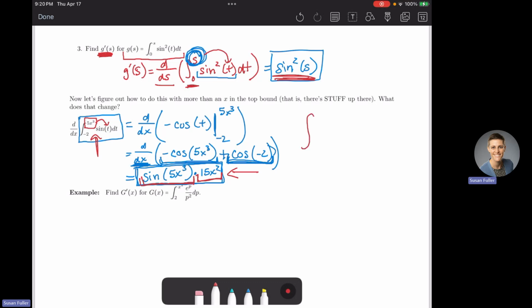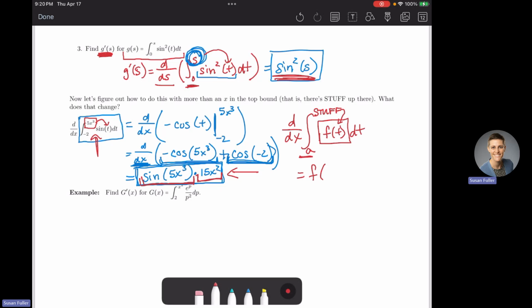So if you don't have just an x up there, if you're integrating a number to some stuff, I'm going to say little f of t dt, and then we're going to take the derivative of all of that. The derivative and the integral are going to undo each other, and you're still going to end up back at this function with your stuff plugged in.